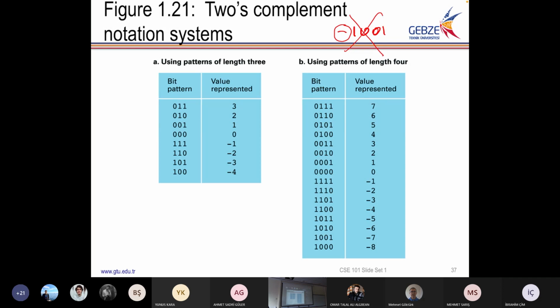Don't look at the other parts. This is 1, 0, 0, 1. I am going to use 5 bits instead of 4. If there is 1, it means minus. If there is 0, it means positive.